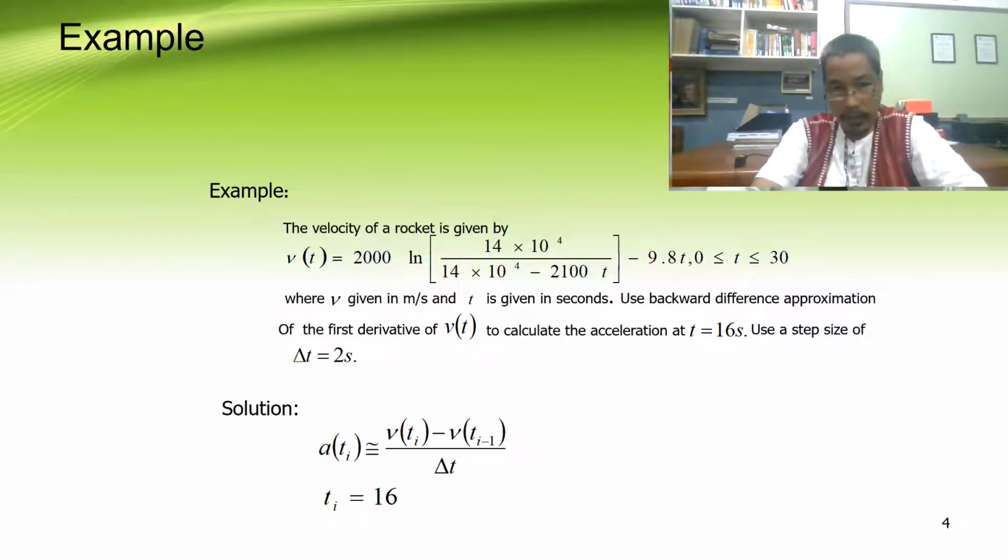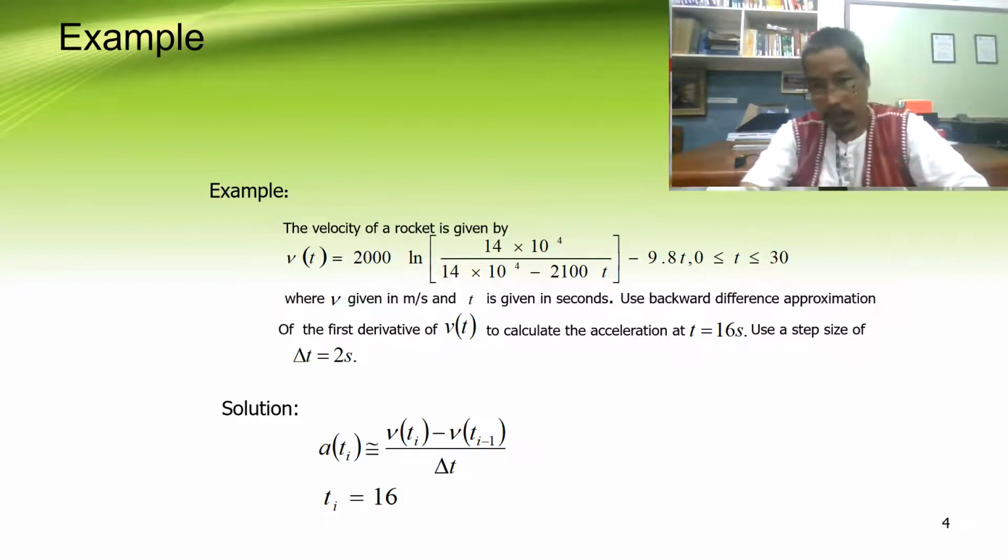When v is given in meter per second and t is given in seconds, use backward difference approximation method of the first derivative of the function v of t to calculate the acceleration at t is equal to 16 seconds. Use a step size of delta t is equal to 2 s.